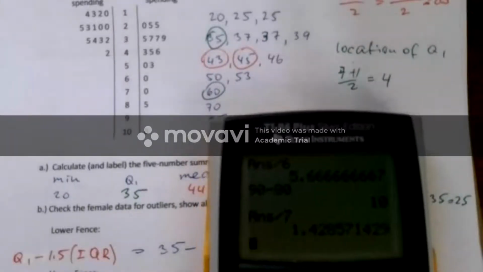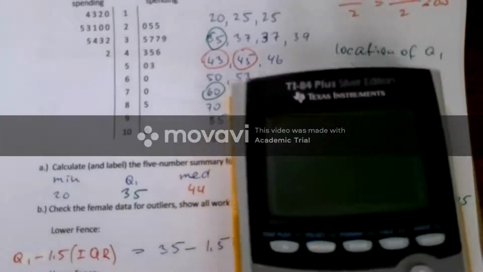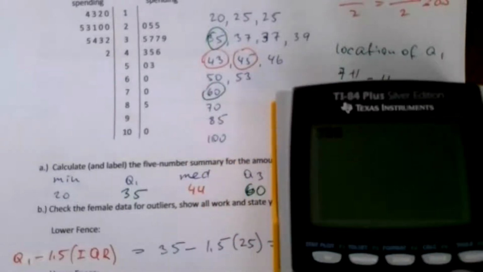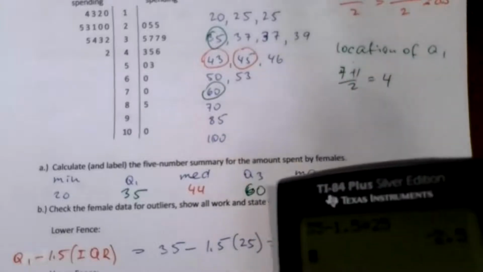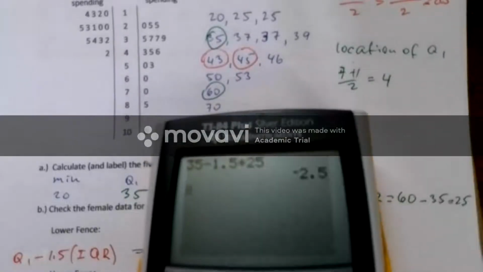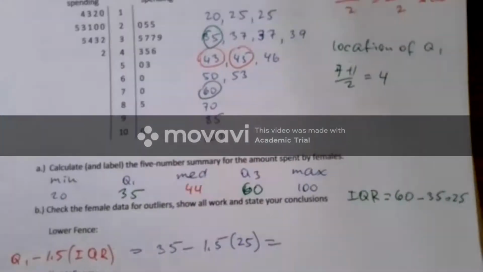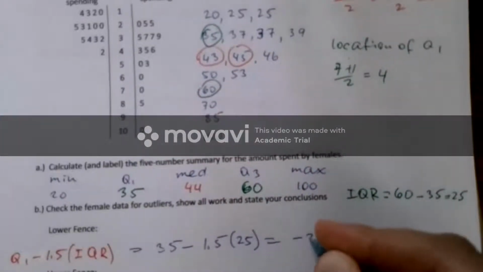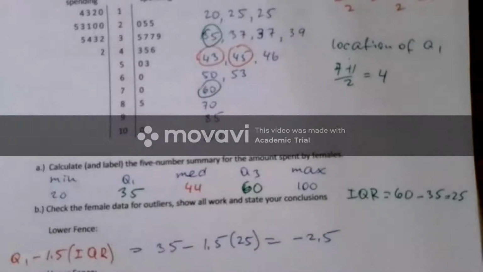Let's do this one. Okay, so 35 minus 1.5 times 25. And we're in the negatives, we're at negative 2.5. So that's the fence.